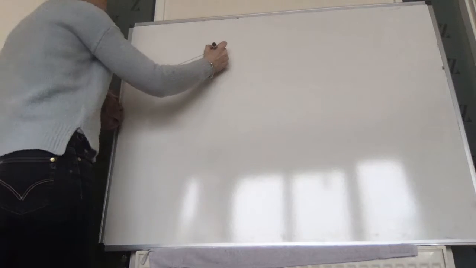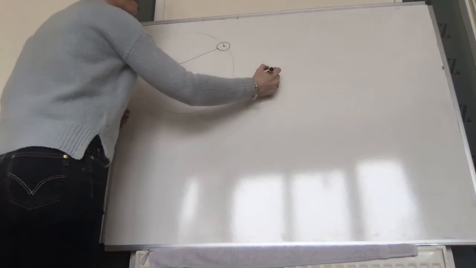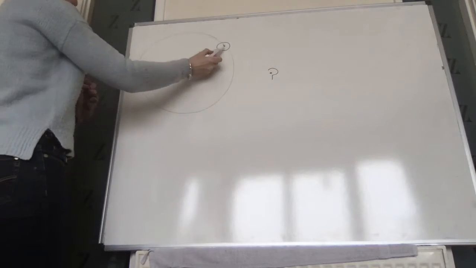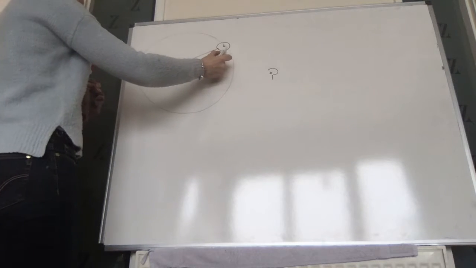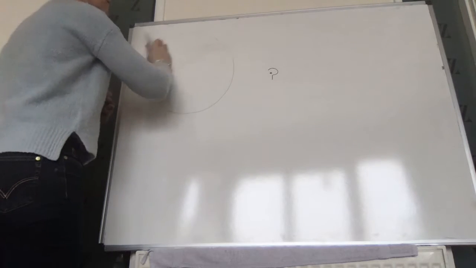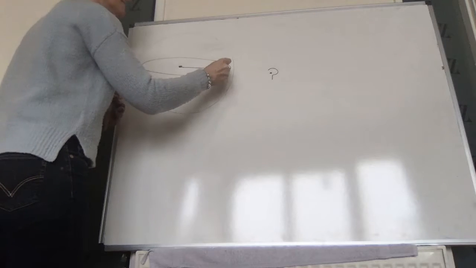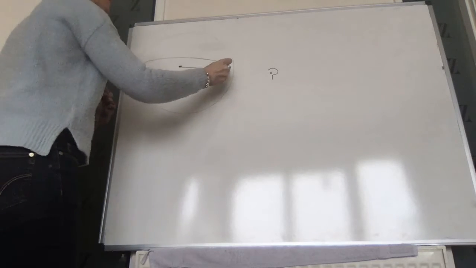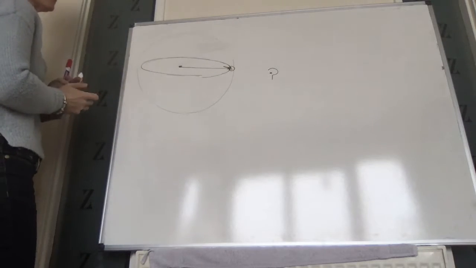If I was to hold a buzzer that was making a sound and rotate that buzzer in a circle, and somebody was sitting here listening, they will hear a change in pitch due to the fact that the buzzer is moving towards them. Actually, it would be better to rotate it this way, so that the buzzer is moving towards them and then away from them. And they will hear a change in frequency of that buzzer that's emitting the sound.